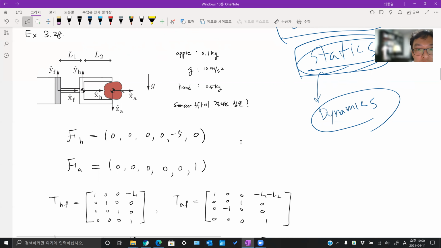The apple is 0.1 kilogram, and we assume the gravitational acceleration constant is 10 meters per second squared, and the hand is 0.5 kilogram. So let's do this.